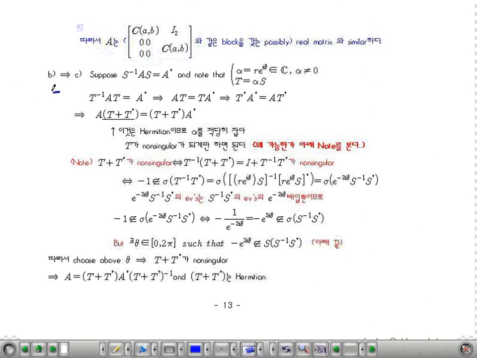Okay. Next, B implies C. Now we have A similar to A star from here.